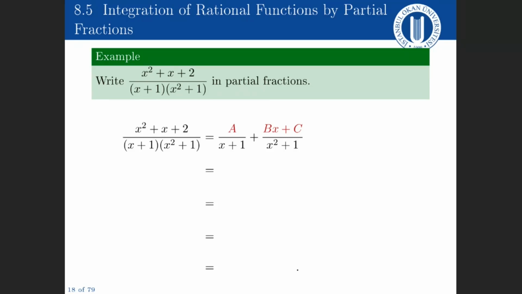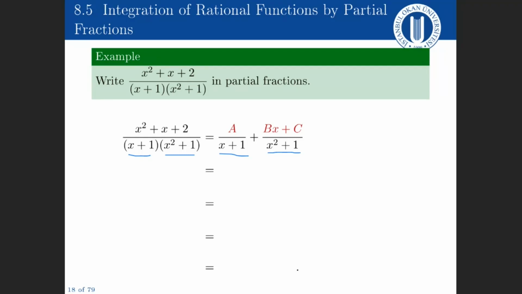So we start with two terms. I have an x plus 1 factor here, so the first one should be something over x plus 1. And I also have an x squared plus 1 term, so the second term should be something over x squared plus 1. But what are the somethings?